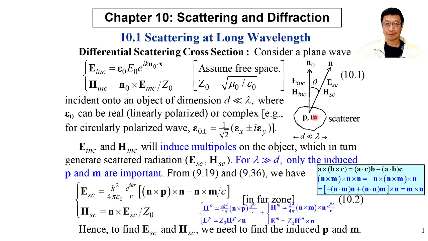Electric dipole and magnetic dipole, P and M, will generate radiation. For example, if a detector, an observer, is here, then the signal will propagate to here. So E with subscript SC, scattering or scattered. E_SC and H_SC here are the scattered electric field and scattered H field. And we have the observer here.